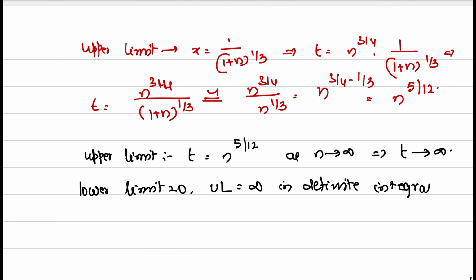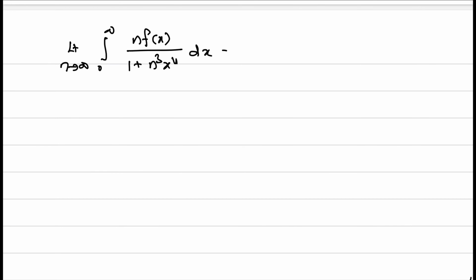When variable x is changed to t, the given question becomes limit n tends to infinity, integral 0 to infinity of n f(x) by 1 plus n cube x to the power of 4 dx, is equal to limit n tends to infinity, integral 0 to infinity.